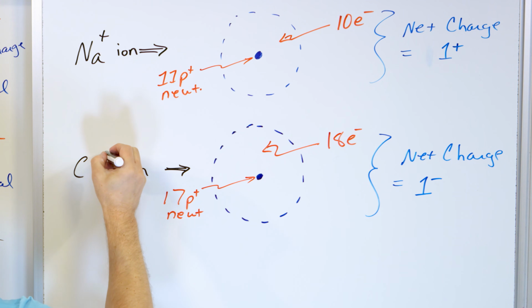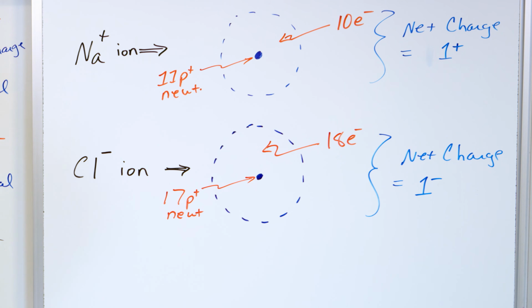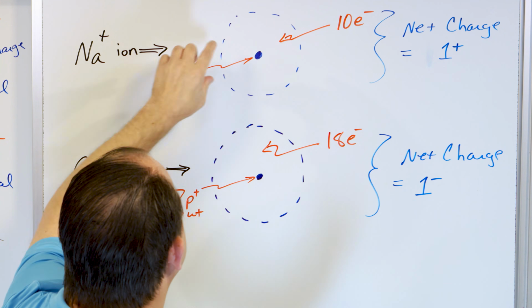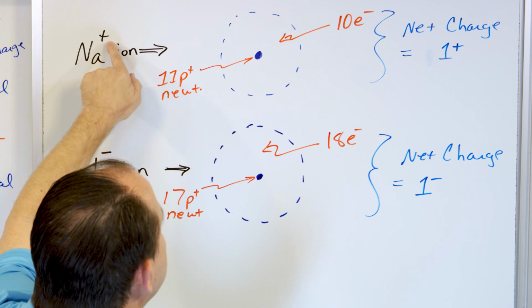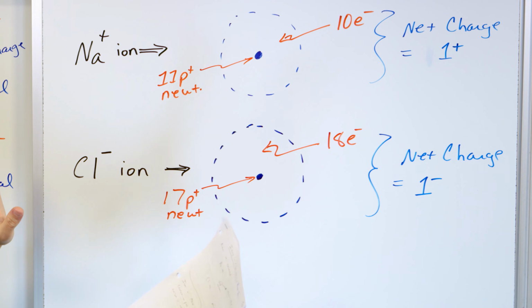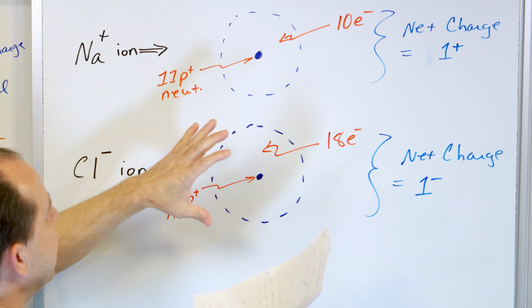So we put a minus sign up there to indicate that it's an ion. So we have a sodium ion indicated by the positive sign, and we have a chlorine ion indicated by the negative sign. The positive sign tells me that this entity is no longer neutral. It has a positive charge, and moreover, it has an overall net charge of +1 on the object. This has an overall net charge on the object of -1.